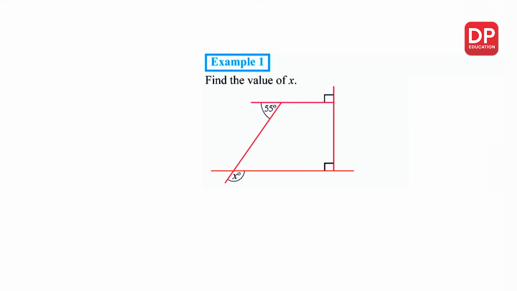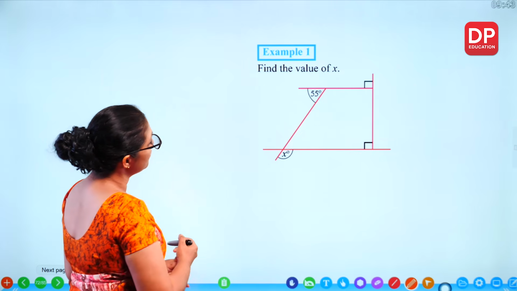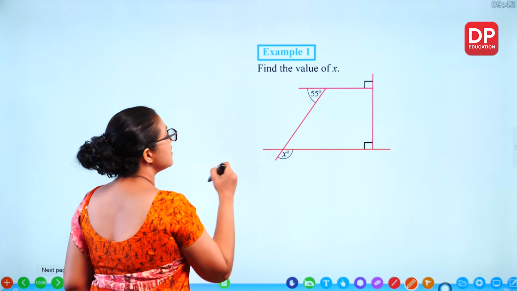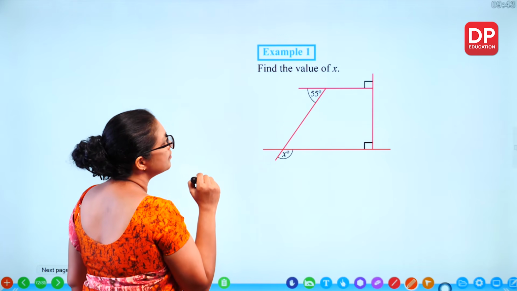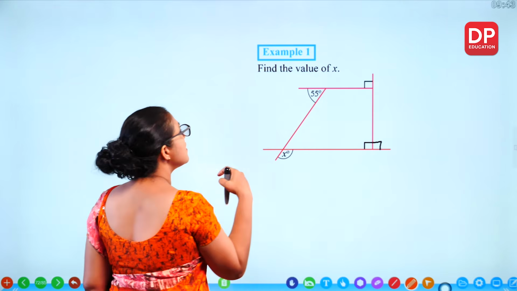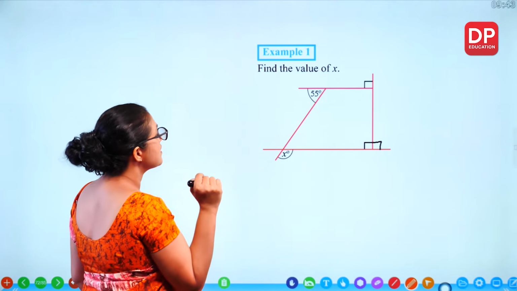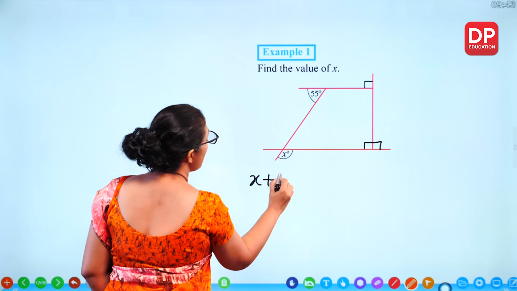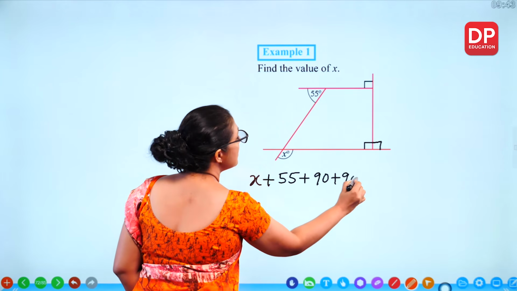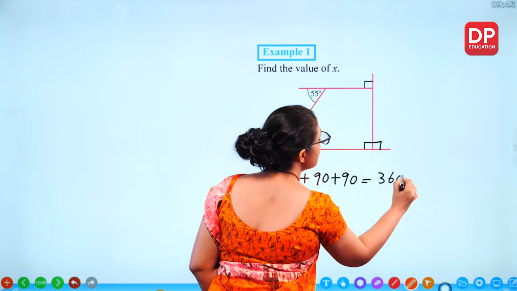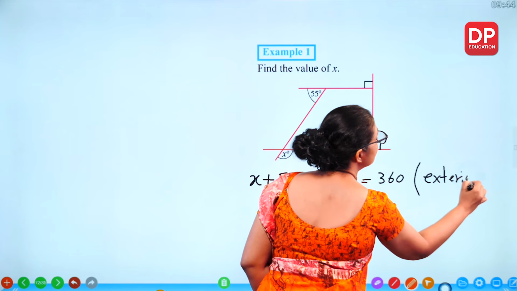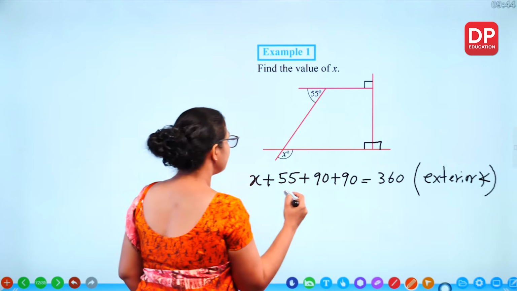Example number 1, find the value of x. What are these angles? When you extend the lines anti-clockwise, you get these exterior angles. So what's the sum? X plus 55 plus 90 and 90 add up to 360 because of exterior angles.